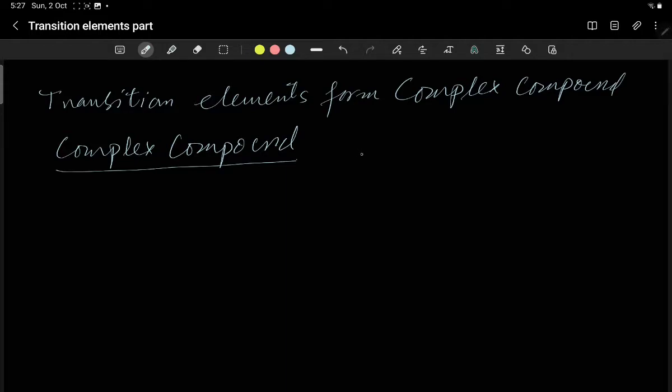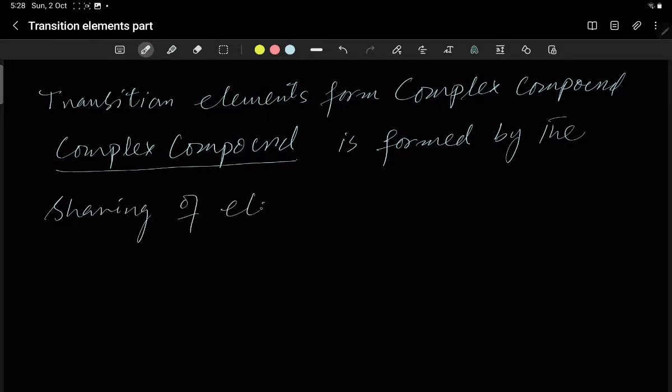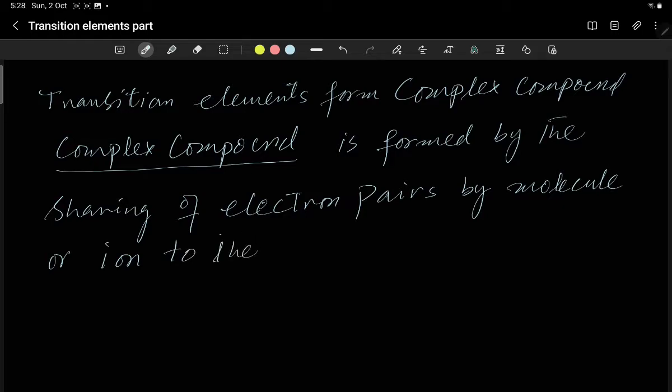A complex compound is formed by the sharing of electron pairs by a molecule or ion to the transition metal atom or transition metal ion.